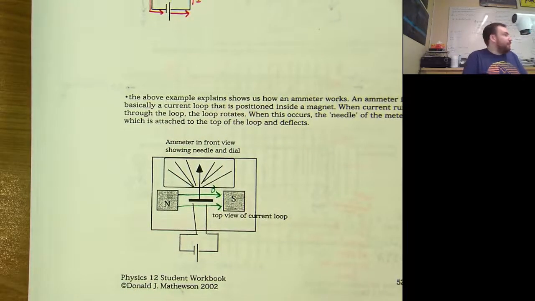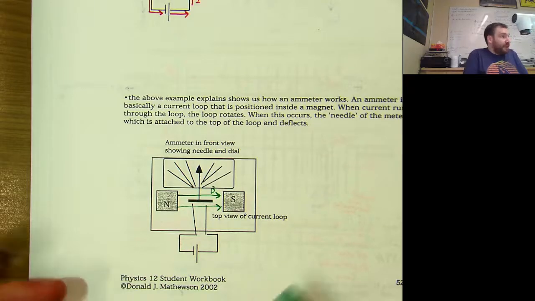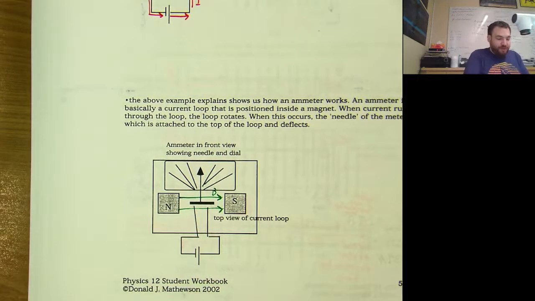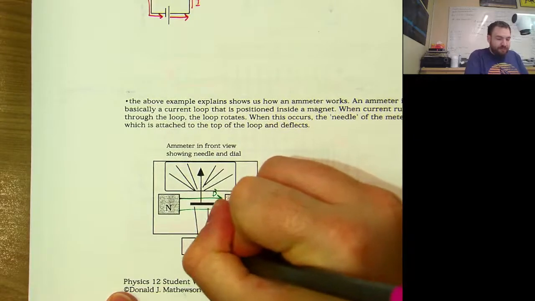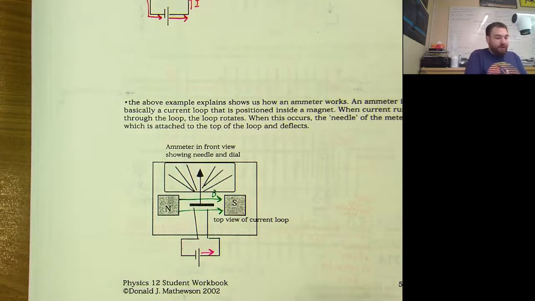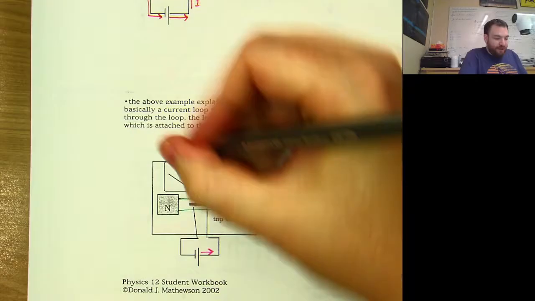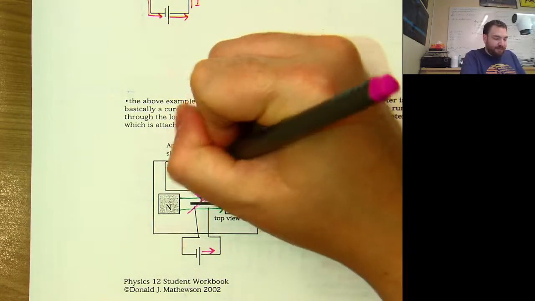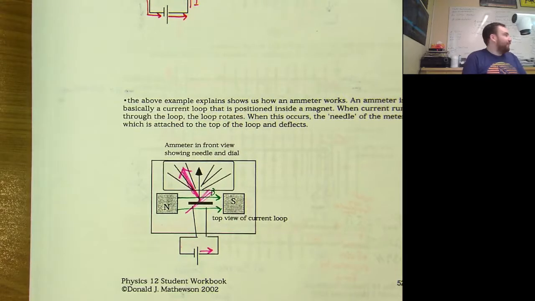While the ammeter is not plugged in, there's no current going through the ammeter. It does nothing. As soon as you plug it in, assuming the current's going this way, it's going to torque, giving you some reading of the current traveling through that loop. Ingenious little device.